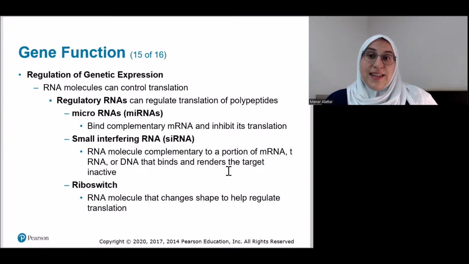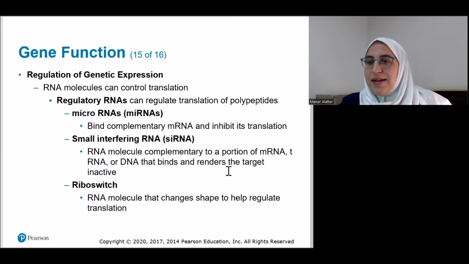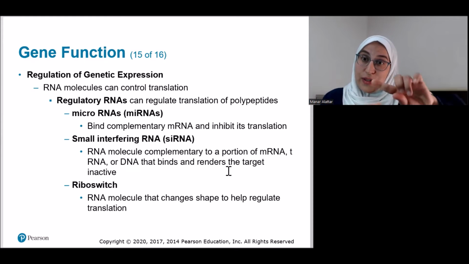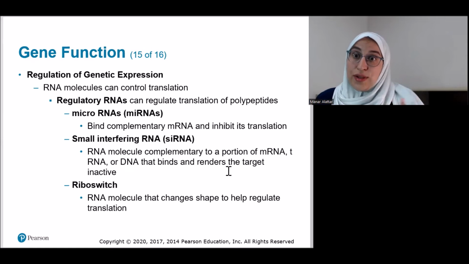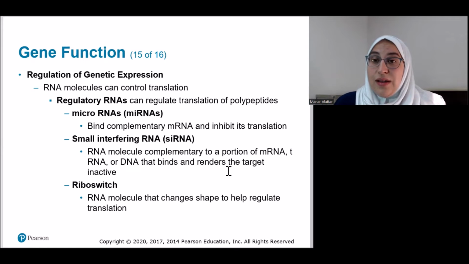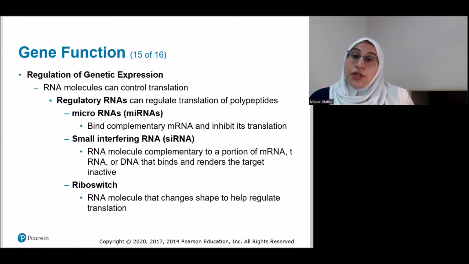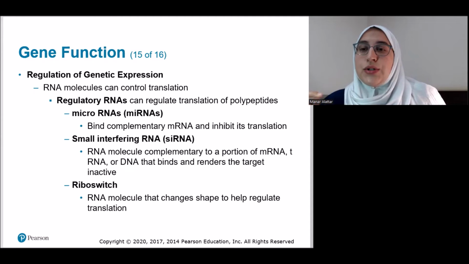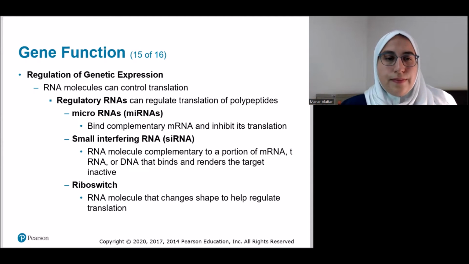And so once it changes temperature from an environmental temperature to 37 degrees Celsius, then that riboswitch actually changes shape and then allows for those virulent genes to be translated. Okay. And so these are ways in which the genes can be regulated at the translation step.